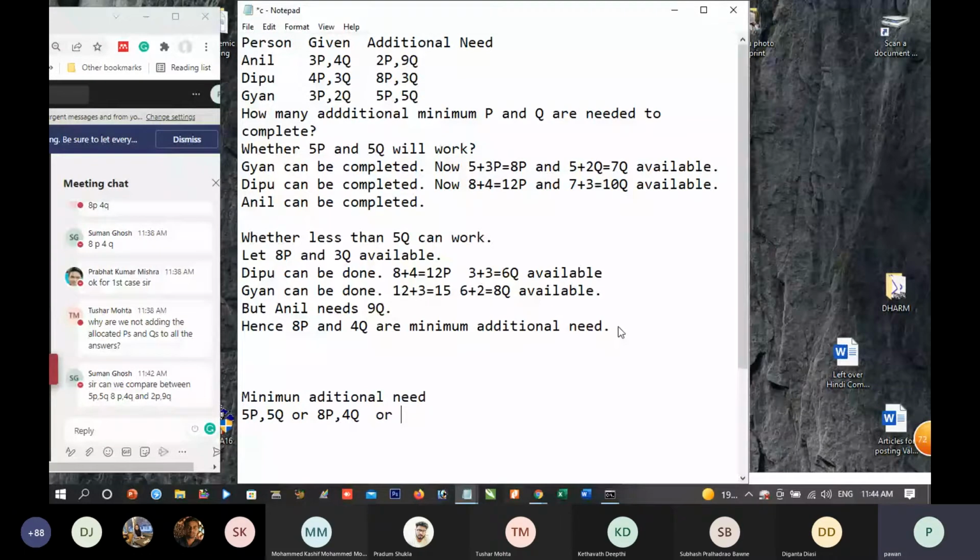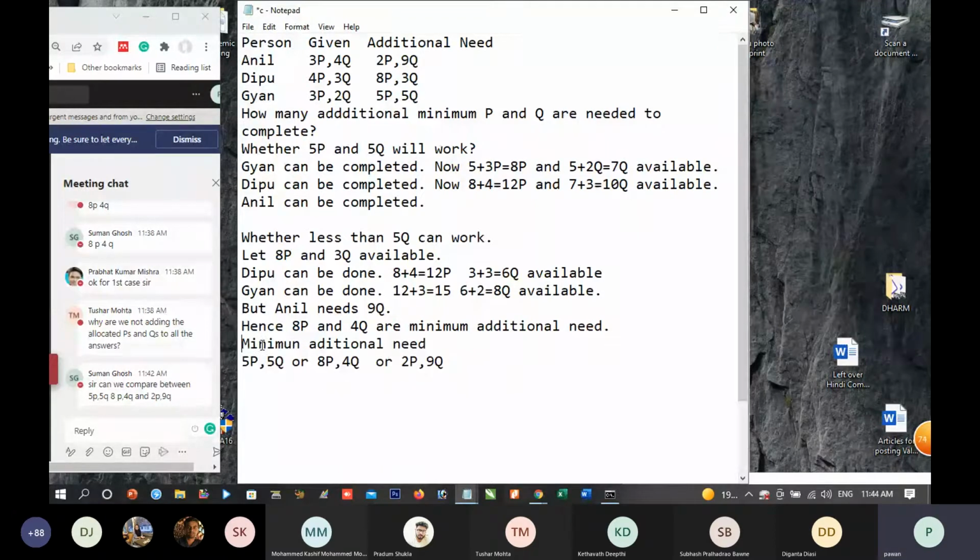Any doubt? Any doubt? And we can see by the same method, this will also work. Any doubt?